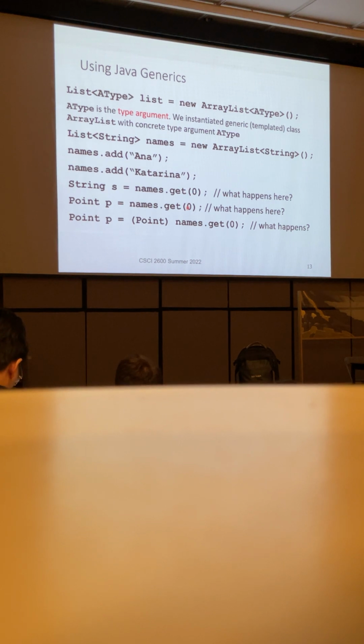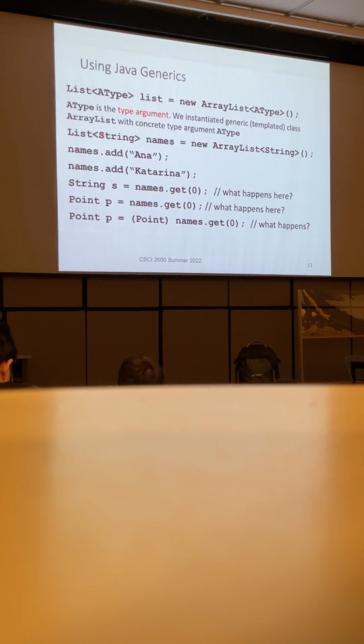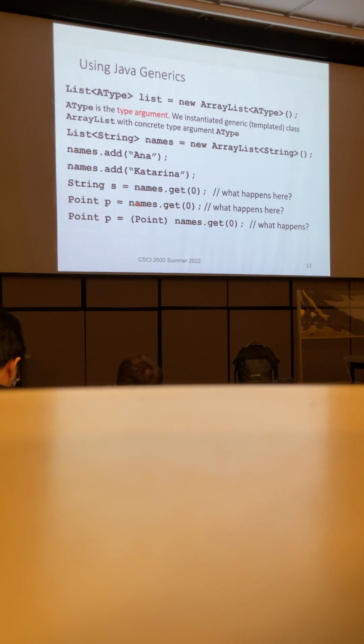Well, the second line will not compile, because what we get out of names can only be a string, right? Because we instantiated names by specifying the type argument as string. So this code would simply not compile, protecting us from inadvertently treating a string as a Point, right? Which of course wouldn't be, in general case, safe.